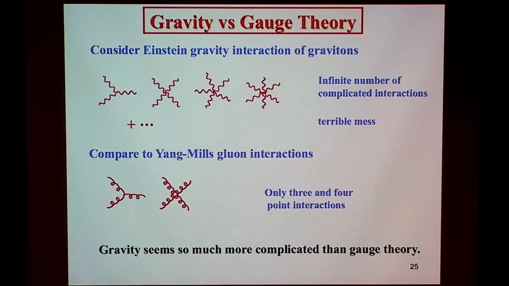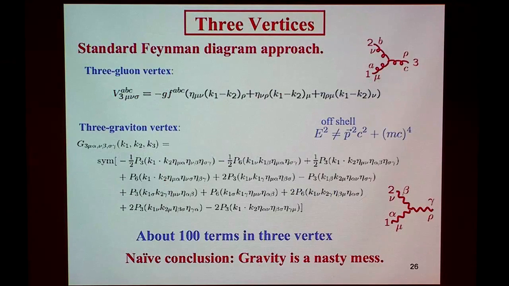But let me make that a little clearer, what I mean by more complicated. So this is Yang-Mills theory, 3 gluons. And you can see it looks a little complicated, but it's not terrible. And then we compare it to gravity. This thing is out of control. And in fact, it's much worse than you think it is, because there are slick ideas. Like this actually is 6 terms.